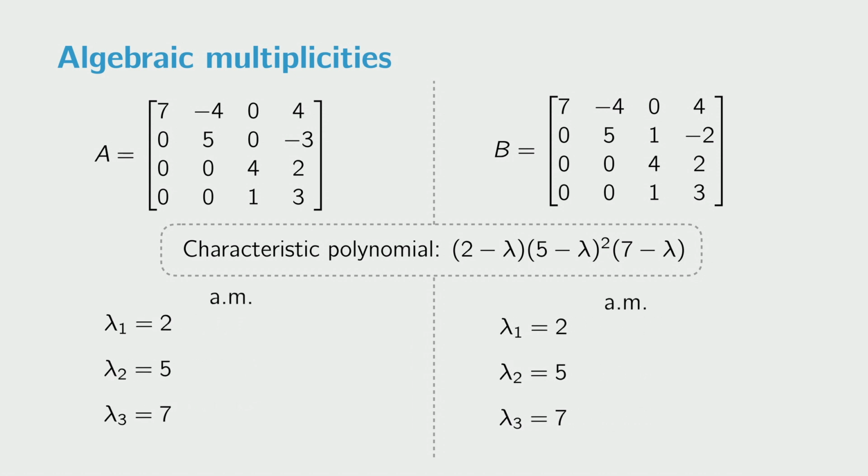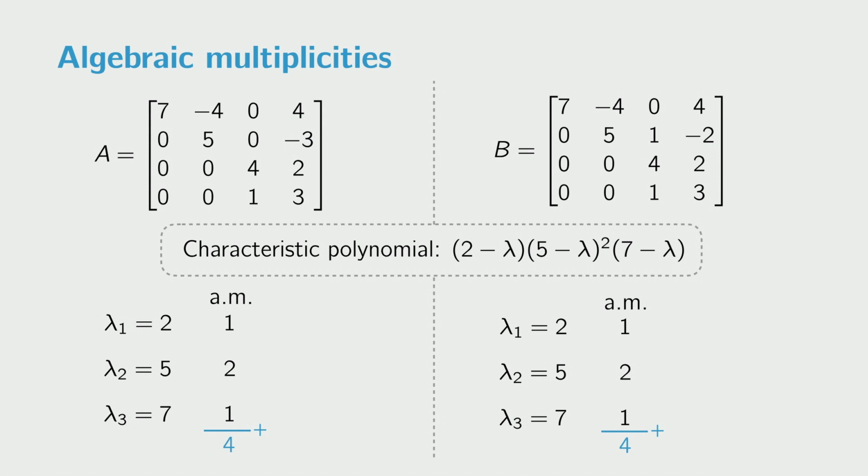Here, the factors corresponding to eigenvalue 2 and 7 both occur once, so both eigenvalues have algebraic multiplicity 1 for both matrices. The factor corresponding to eigenvalue 5 occurs twice, so eigenvalue 5 has algebraic multiplicity 2. Note that in both cases the algebraic multiplicities add up to 4.